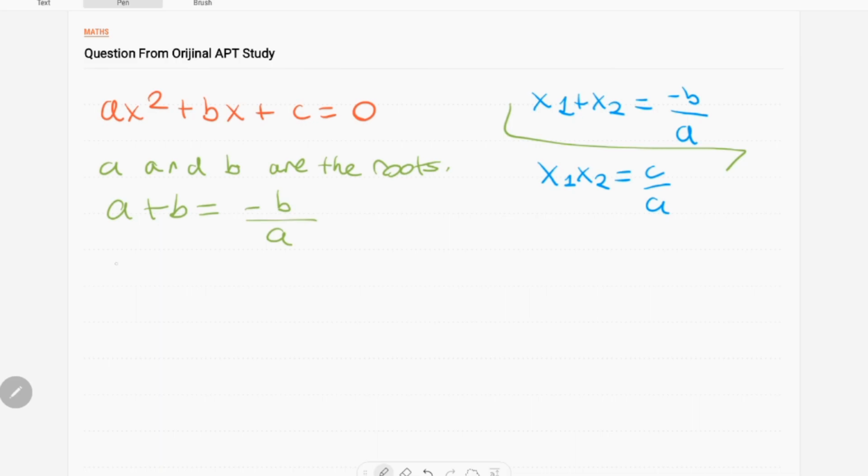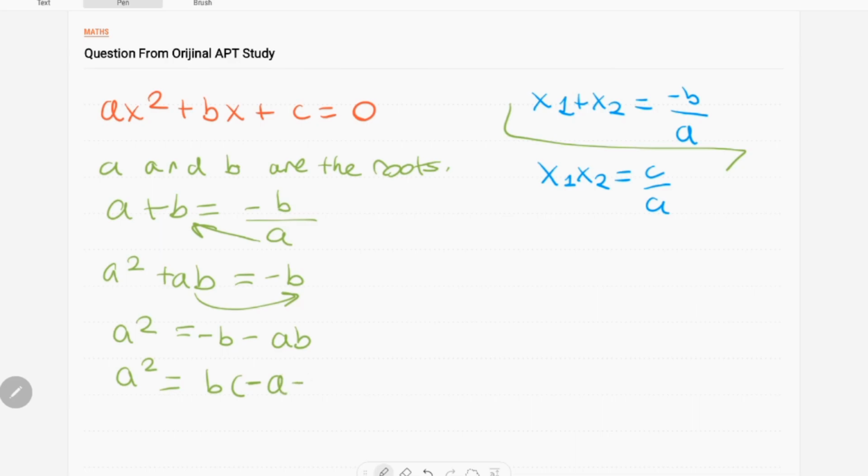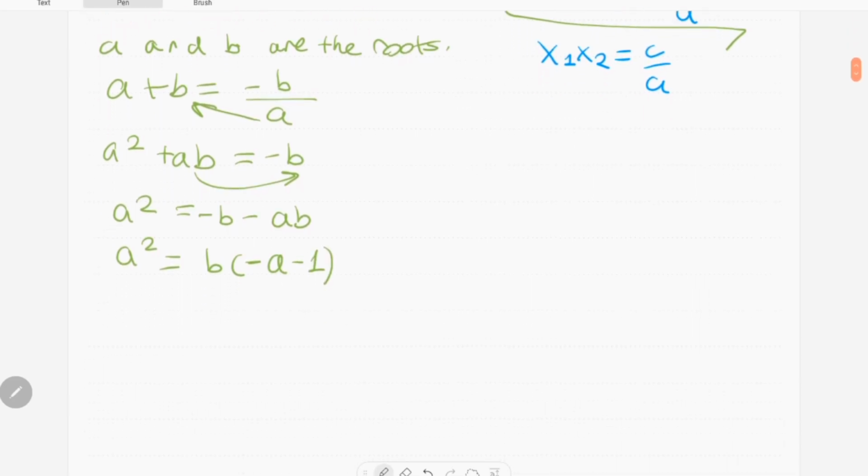So if I write it down like this, all I'm going to do is take a to the left side of the equation. A squared plus a times b is minus b. So let me do another movement. A squared is minus b minus a times b. So let me write it down like this.